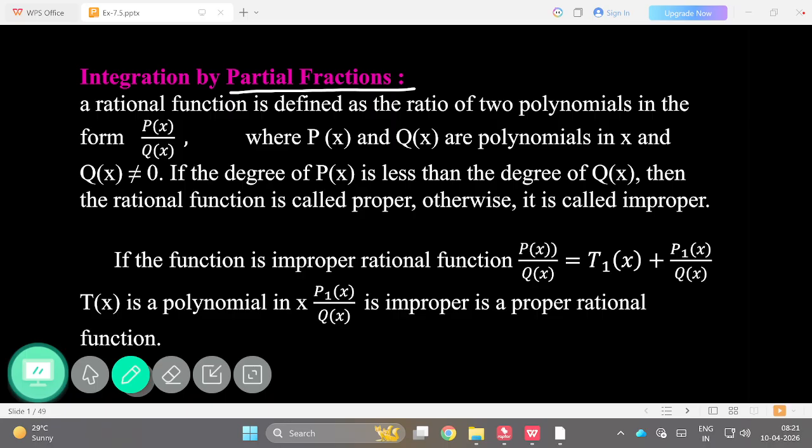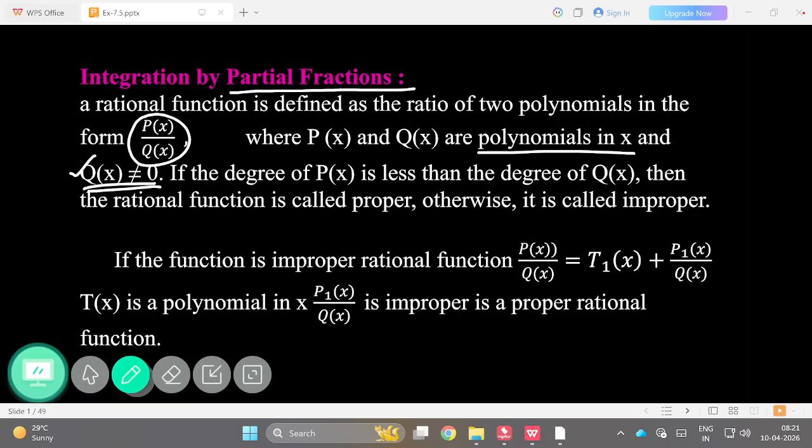The rational function is in the form of p(x) by q(x), where q(x) is not equal to 0. So a rational function is defined as a ratio of polynomials of the form p(x) by q(x), where p(x) is your polynomial of x and q(x) is not equal to 0.